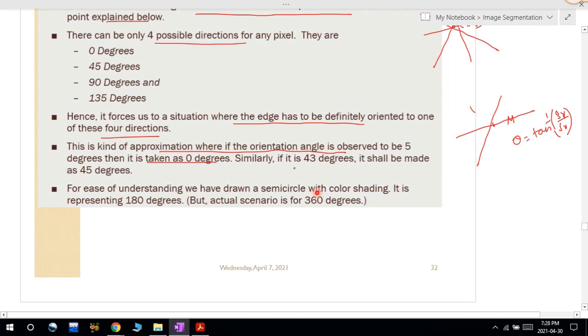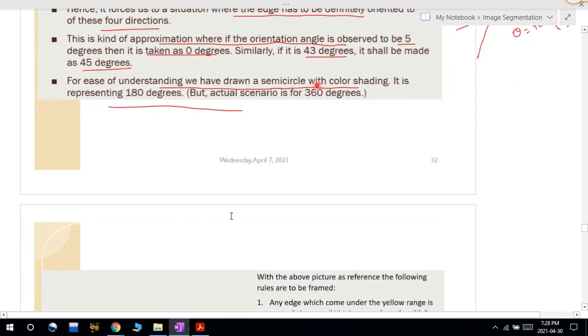But if I am getting something like 5 degrees, then I can consider it as 0 degrees only. If it is 43 degrees, then I can consider it as 45 degrees. I will try to explain this with an example. Here, for easy understanding, we have drawn a semicircle with color shading. It is representing 180 degrees, but actually it is 360.